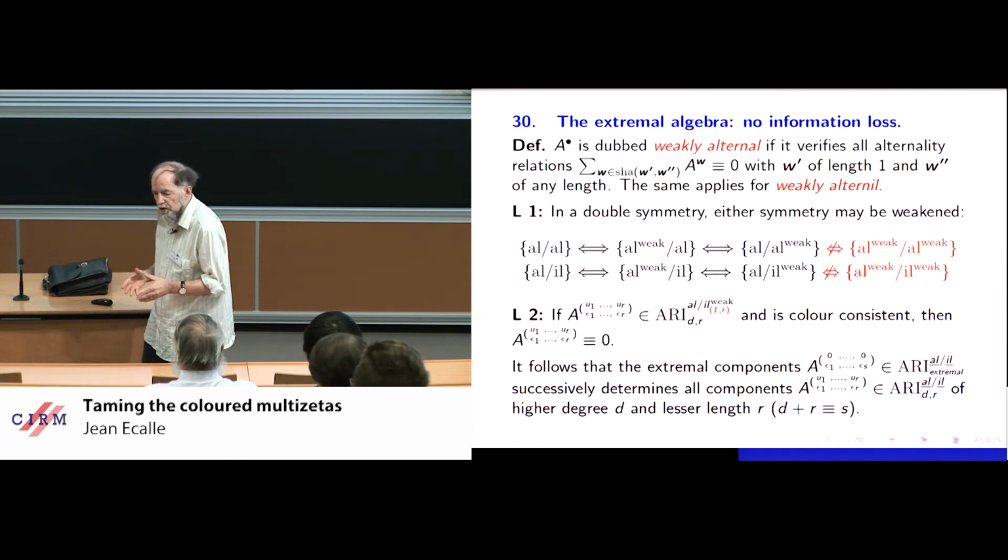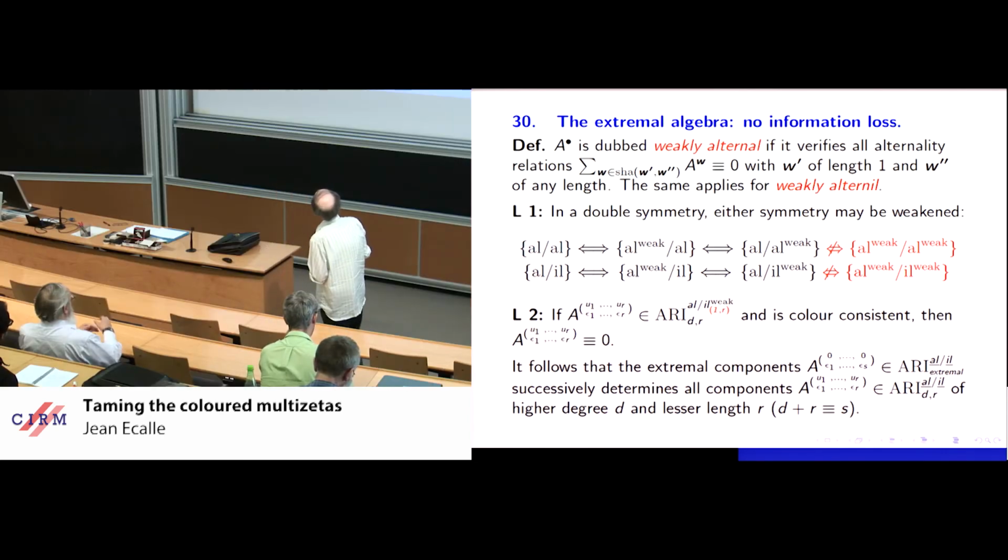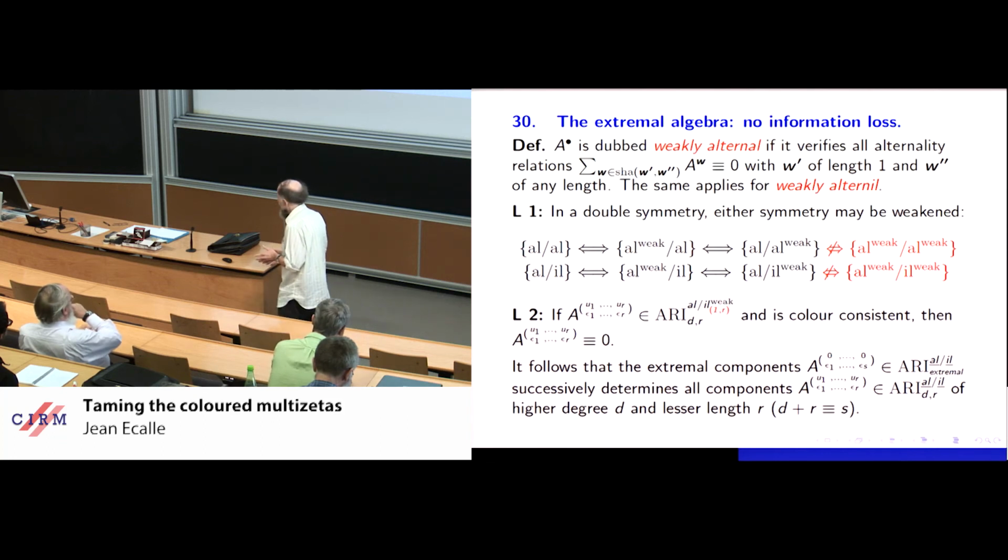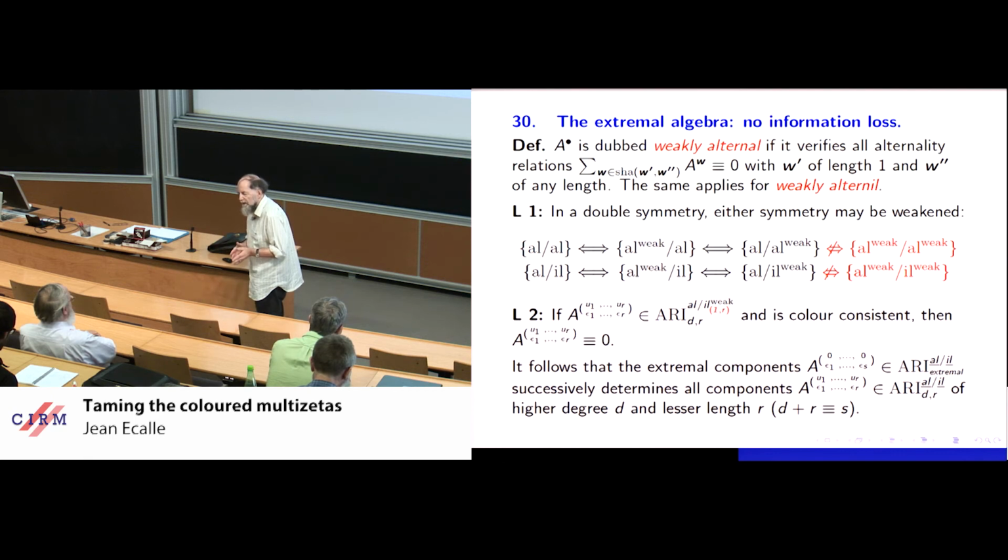This is a weaker condition. This is not equivalent. But in the case of a doubled symmetry, you cannot weaken both sides, but you can weaken one, and you get something that is equivalent.